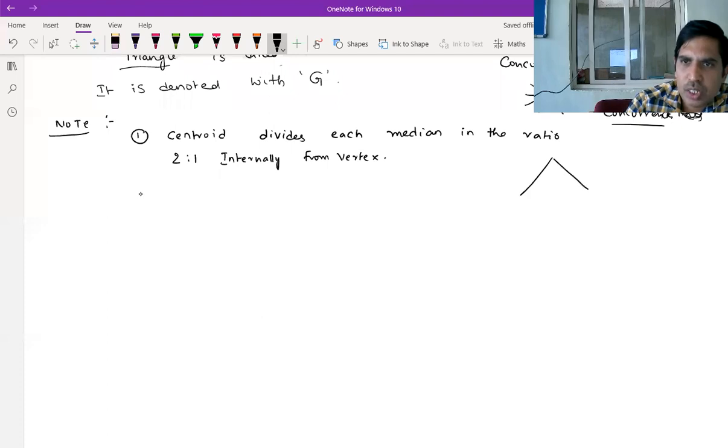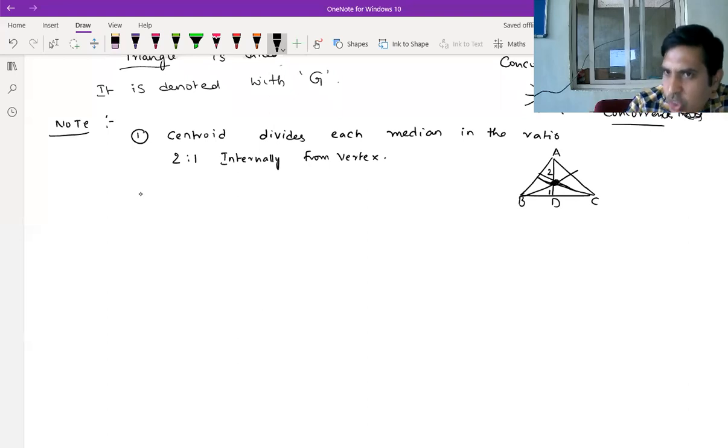Means, observe. Suppose if I consider here, this is A, B, C. So this is median. Suppose next this is also median and this is also median. So this is centroid. This centroid divides in what ratio? Nothing but 2:1 from vertex.